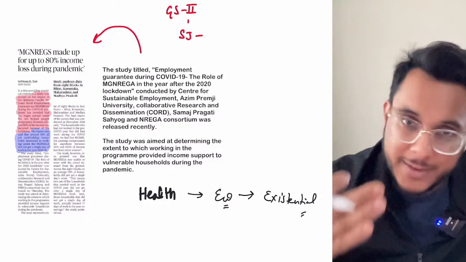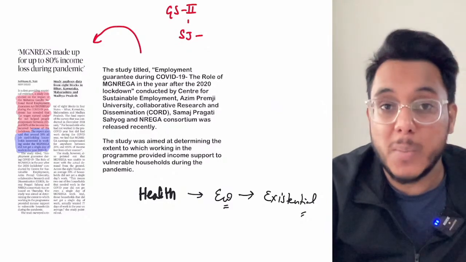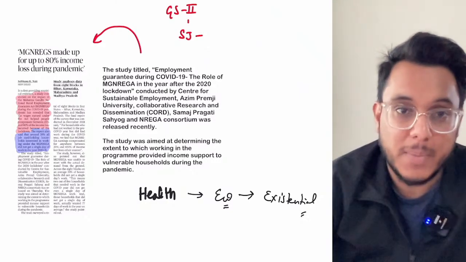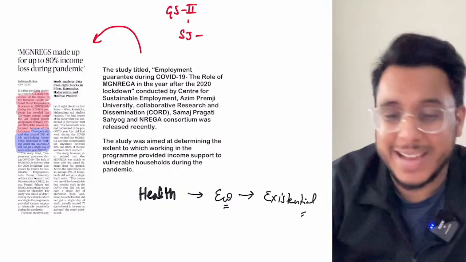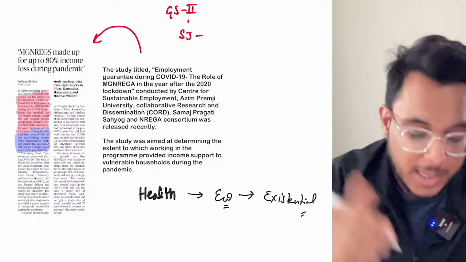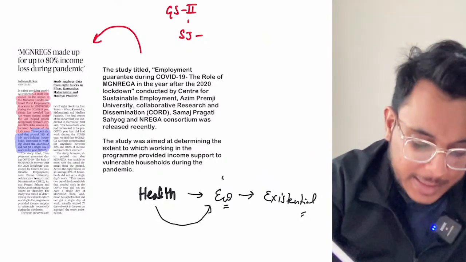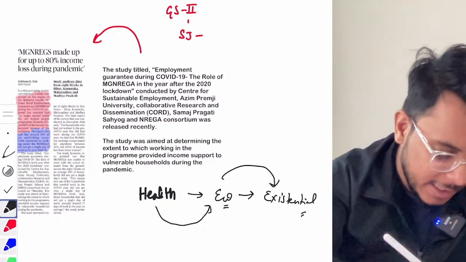But what happened? The first wave of COVID-19, successive lockdowns got extended, and then people became disappointed, very sad, and many of them lost hope. So therefore, it became an existential crisis. So COVID-19 started as a health crisis, got converted into an economic crisis, and then it finally also transitioned into an existential crisis. Now this is the stage.